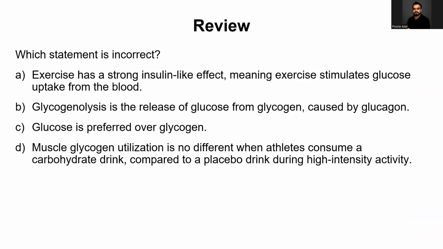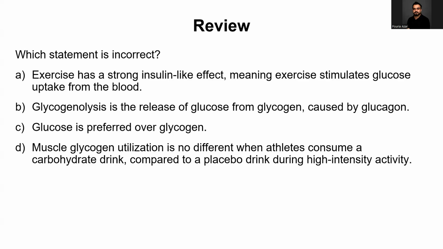Which statement is incorrect? So this question asks about the incorrect statement. A. Exercise has a strong insulin-like effect, meaning exercise stimulates glucose uptake from the blood. That's true. That's correct. Exercise has an insulin-like effect.